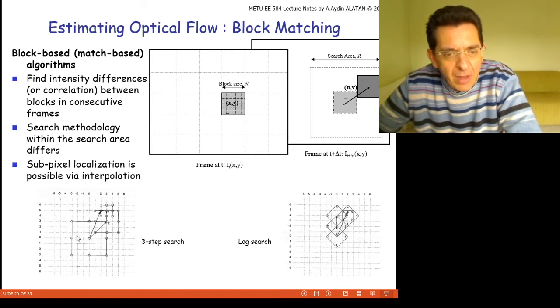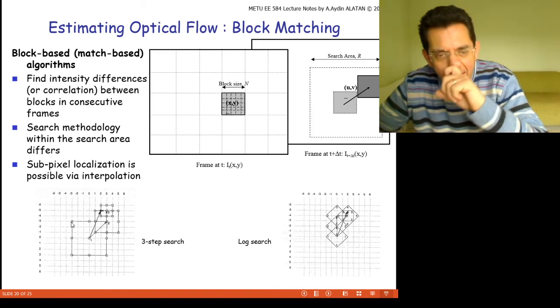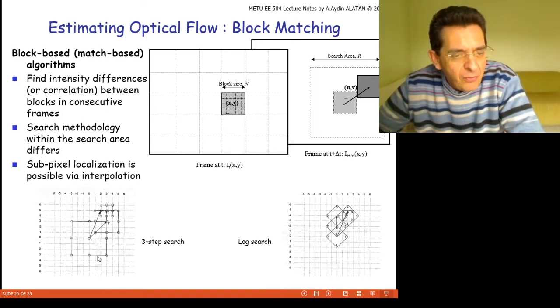Once you are looking for your candidates, you first look around those 9 points here, which are not a single pixel apart, but 3 pixels apart. For the three-step search algorithm, you find the best of these 9 candidates.